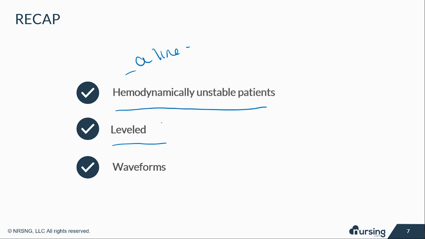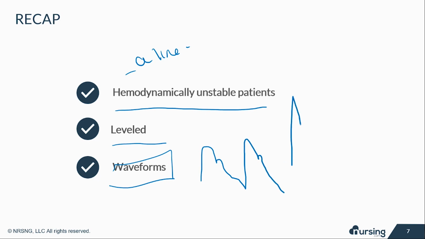And you have to monitor the waveforms. Is it a good looking waveform, or is it peaked, or is it overdamped? You just have to know the basic idea of how the waveforms look, so you know what to monitor for, so you know that the blood pressure is accurate.